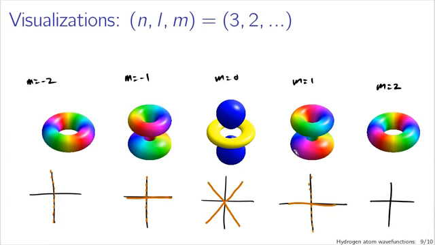So that defines the xy plane. Similarly, over here, the particle is unlikely to be found at theta equals 0 or theta equals pi along the z-axis. So these are the sorts of structures that we get from spherical harmonics.